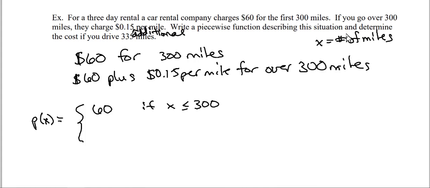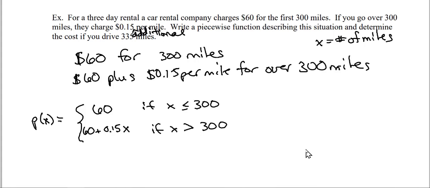Now, if X is greater than 300, we have that $60 plus we have to add 15 cents per mile. So you have to do 0.15 times X because that'll be your cost. Oh, shoot.